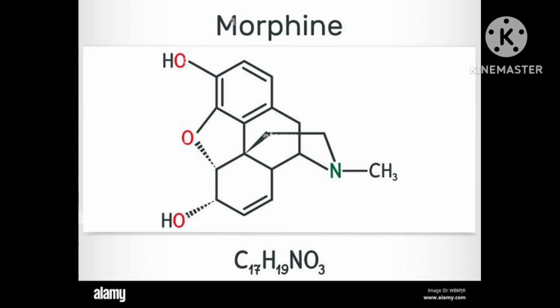Again, one more time: 5 alpha, 6 alpha, 7, 8 dihydro, 4, 5 epoxy, 17 methyl morphinan, 3, 6 diol acetate.